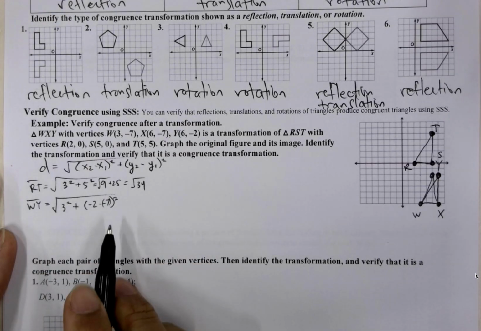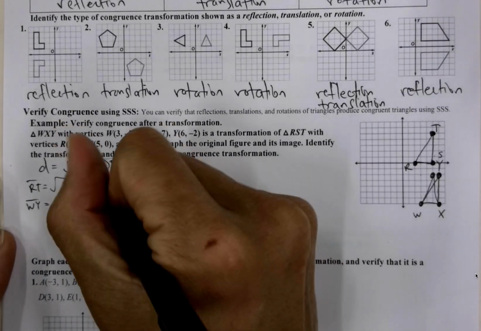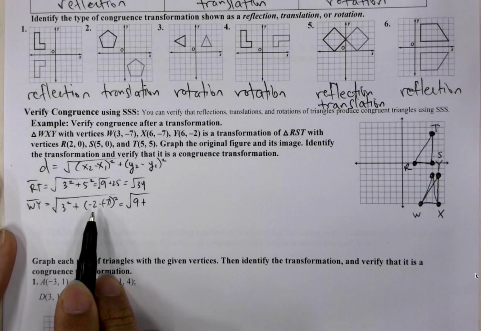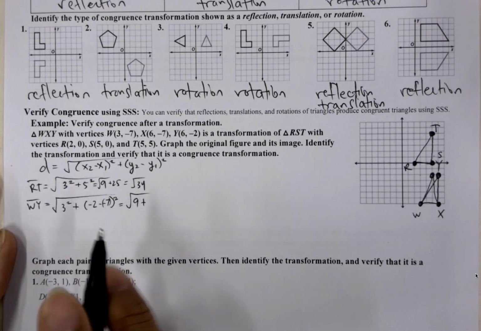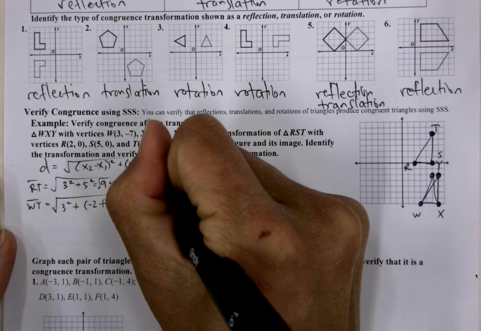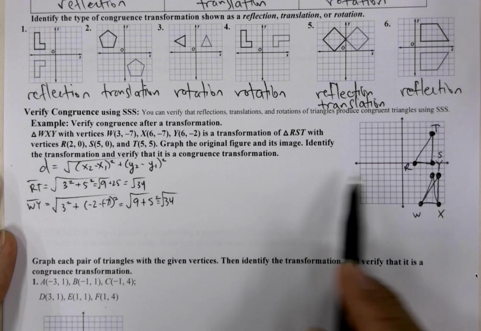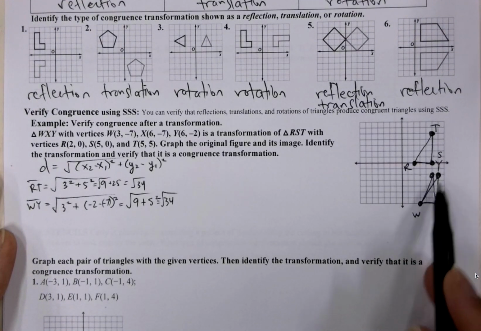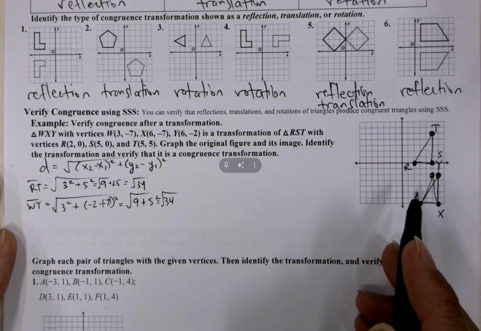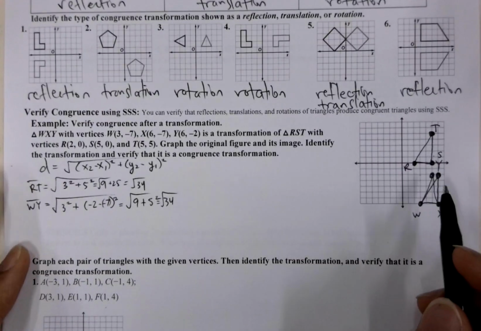So this negative makes the 7 a positive, so that equals the square root of 9 plus, -2 plus 7 is 5, so 5 squared. So that's equal to square root 34 as well. Right? So far so good, right? RT, the hypotenuse, is the same distance as WY. Okay, so let's try the next line.